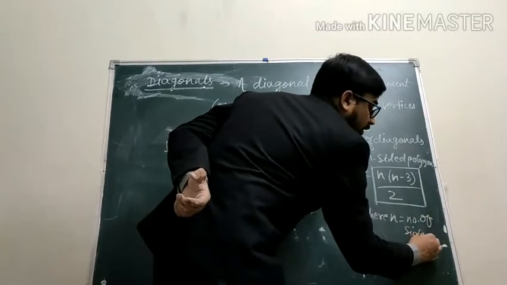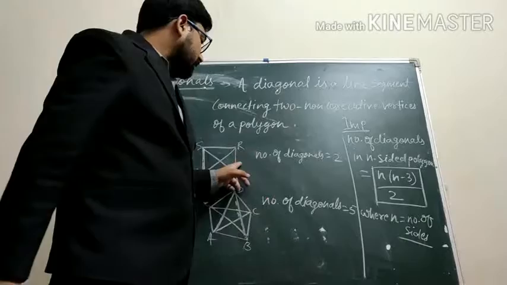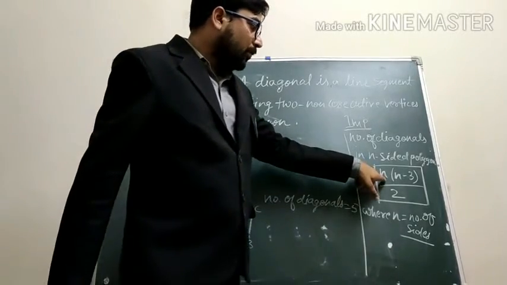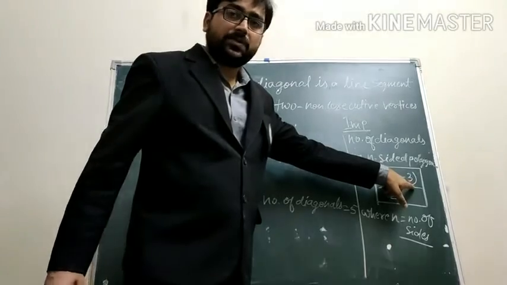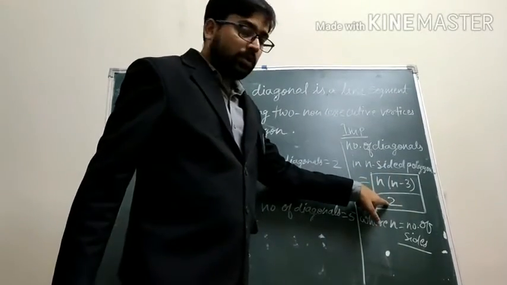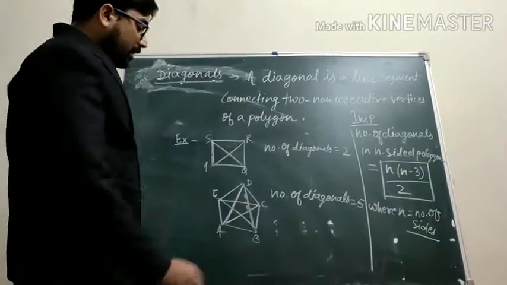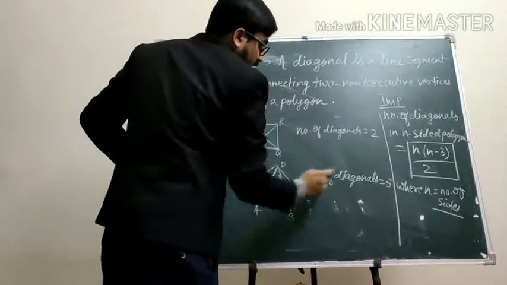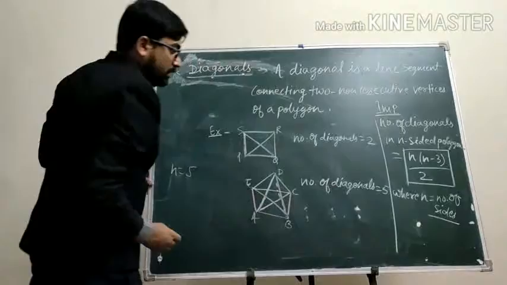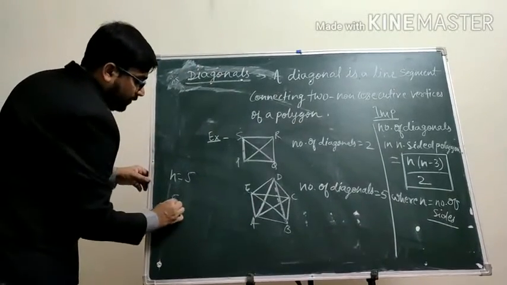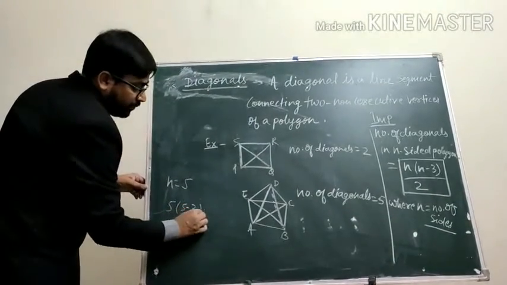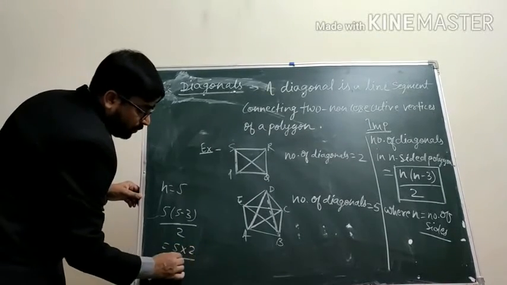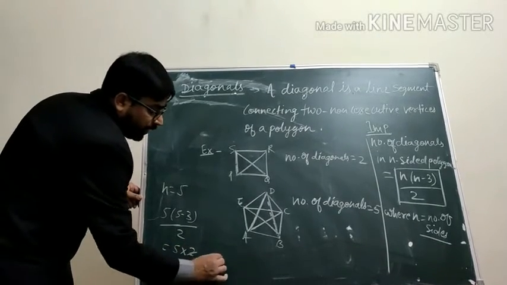Now cross check for this figure. Number of side is 4. 4 into 4 minus 3 gives 1. 4 upon 2 gives 2. Now number of side is 5. N equals to 5. Put this in this formula. 5 into 5 minus 3 upon 2. What we get? 5 into 2 upon 2. We get 5.